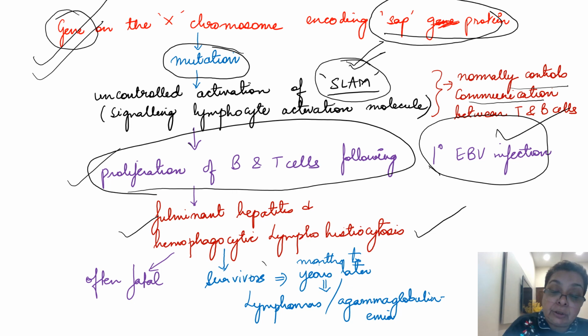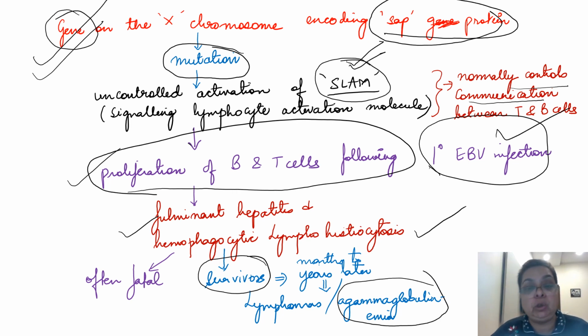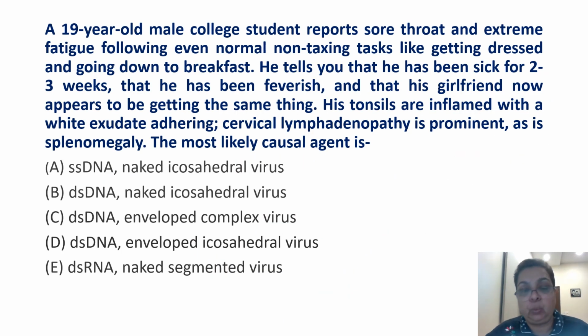But the children who survive months to years later may develop either lymphomas or agammaglobulinemia. So that's one more clinical case that we have discussed about Portillo syndrome or Duncan's disease or X-linked lymphoproliferative disease. Let's take up another question.